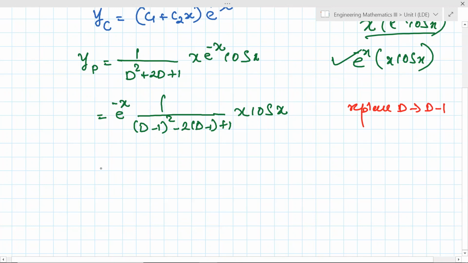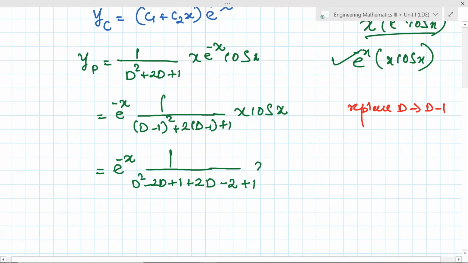This is equal to e raised to minus x as it is. Now the expansion of d minus 1 bracket square is d square minus 2d plus 1, then plus 2d minus 2, plus 1, into x cos x.